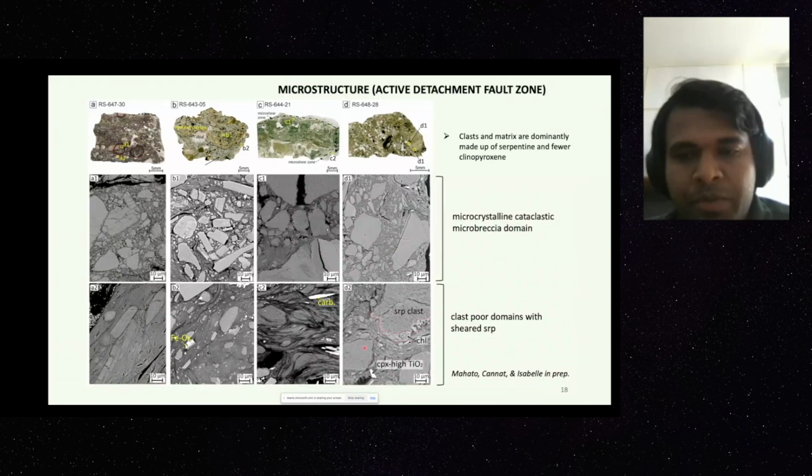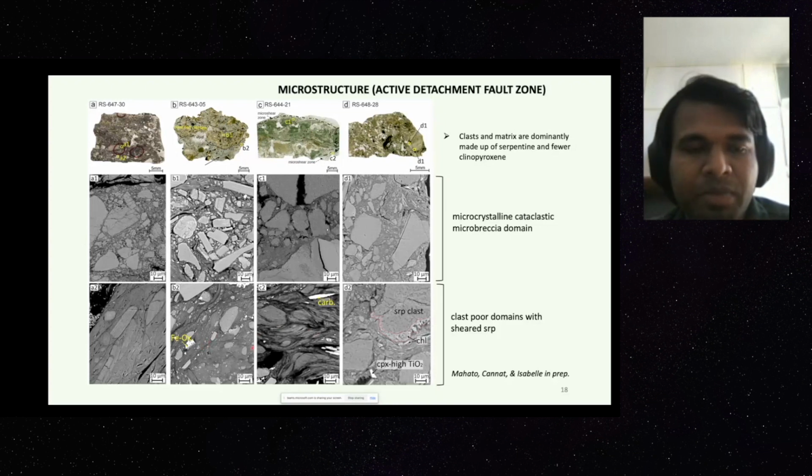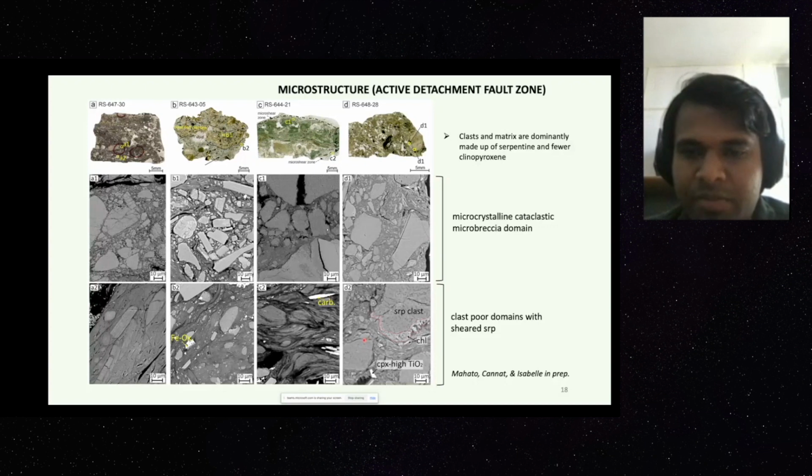And the third row shows the domains from the highly sheared areas where chrysotile fibers are crystal-plastically deformed. So these textural similarities between the samples most likely indicate a very similar type of strain localization process as illustrated before.